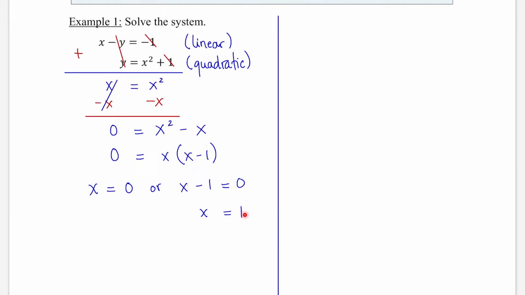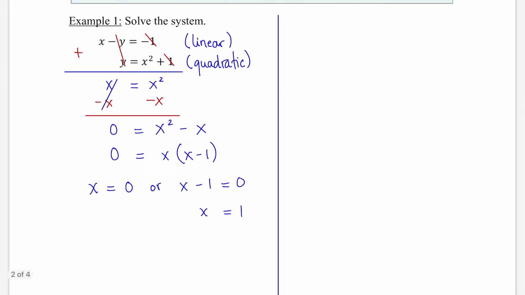Next, I need to find y. In order to find y, I need to use one of these two equations. It doesn't matter which one, just pick one. Then I will substitute the value of x in order to solve for y. I am going to use the second equation, y equals x squared plus 1.